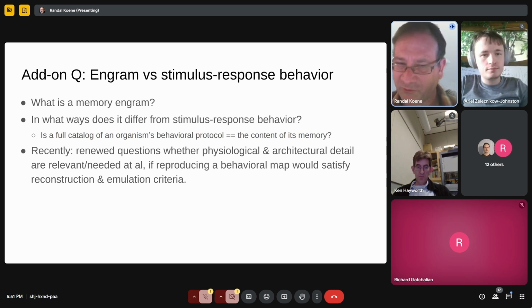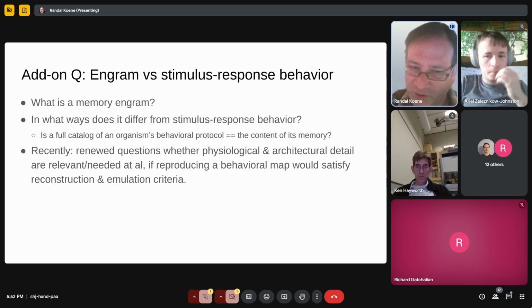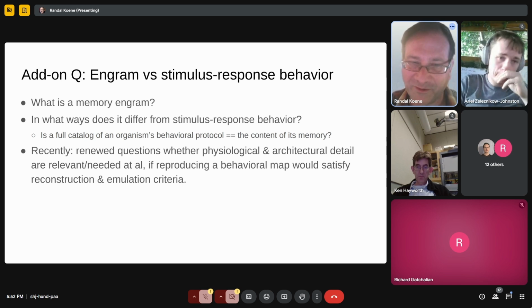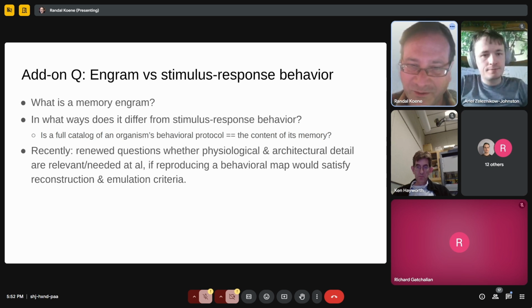So again, it's a question we've had a few times. What is a memory engram really? How does a memory engram differ from stimulus response behavior? And would a full catalog of an organism's behavioral protocol be essentially the same as the content of its memory?